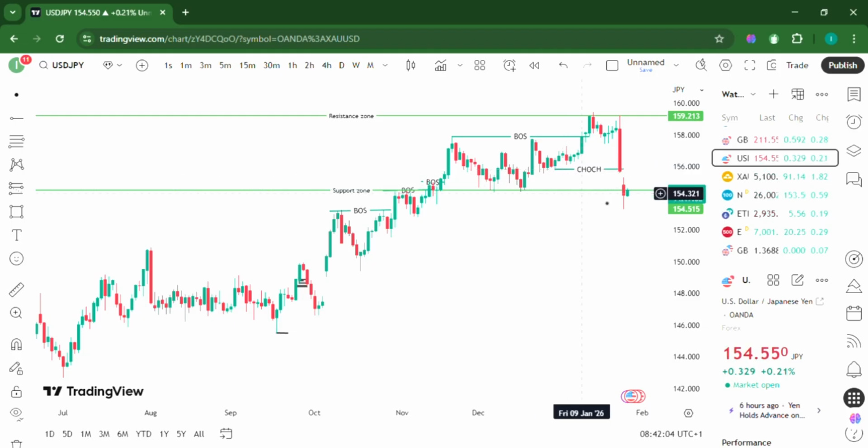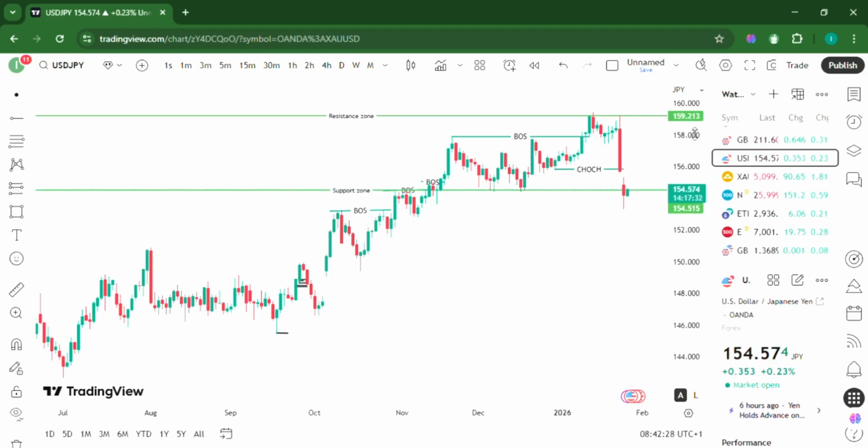So I'm expecting price to pull back before continuing this bearish trend. That pullback will actually help us to confirm that indeed this trend has reversed.